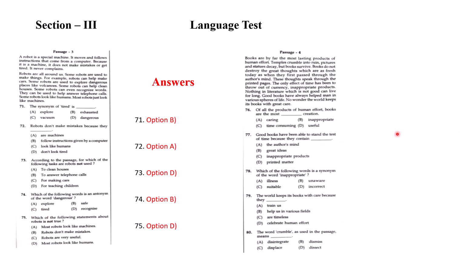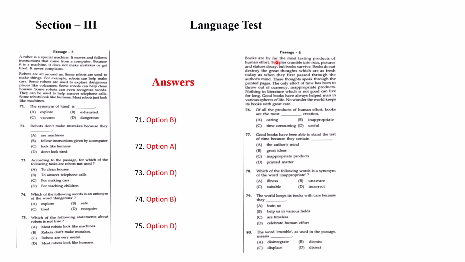Now coming to the last question and last passage of this question paper, that is passage number 4. We'll again directly go to the question. Question 76. Of all the products of human effort, books are the most dash creation. Here let us read the passage now.